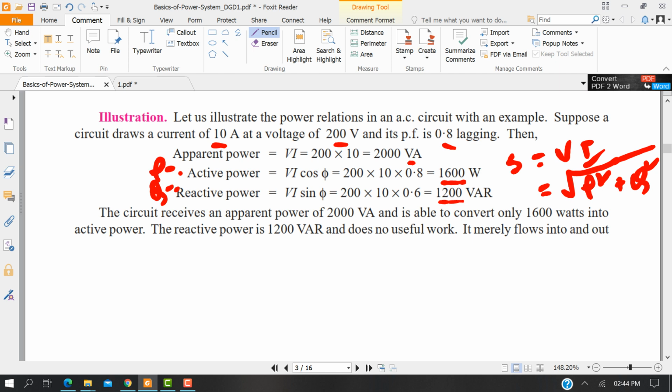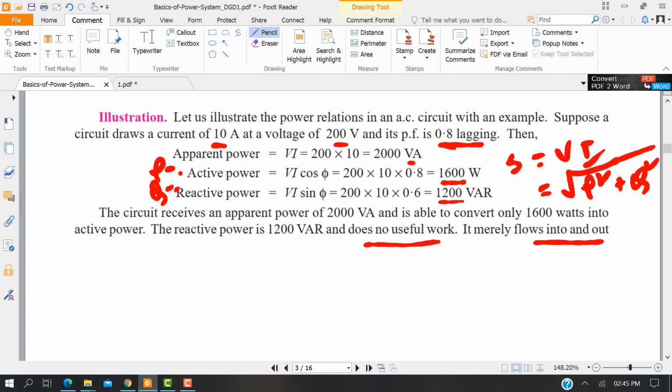So why is it 400 watts less? Because the reactive power is not useful work, it's just a wastage. This reactive power flows into and out, back and forth, so it's a loss. This is why it's called apparent power: apparently we should get 2000 watts, but instead we're getting 1600 watts because of this lagging power factor.